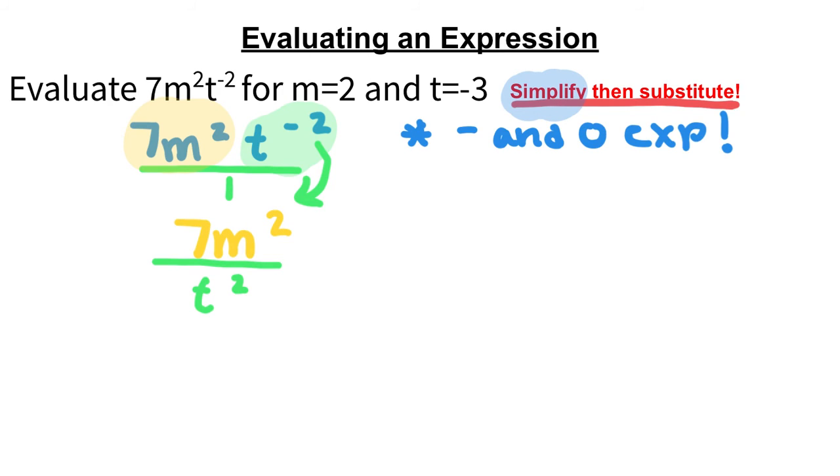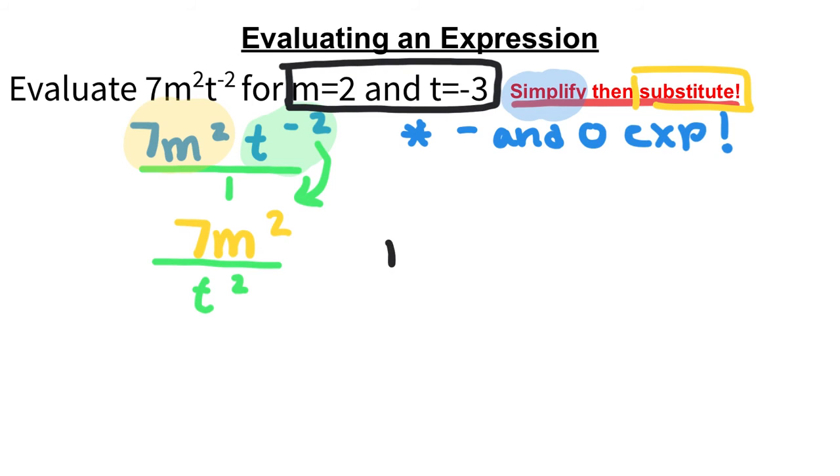in front. Now, the last thing we have to do is substitute and simplify using what's given in the problem. It tells us that m equals 2 and t equals negative 3. So if I substitute here, I can take this 2 and substitute it here.